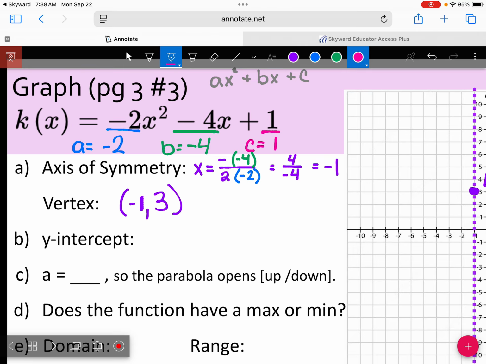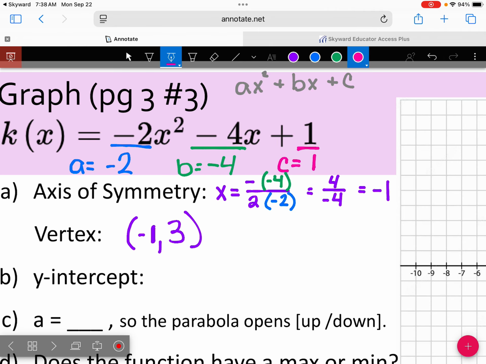Where is our y-intercept? Do we remember? We talked about that on Friday. Remember, y-intercept happens when x is 0. So where might our y-intercept be? What do we get if x is 0? 1.